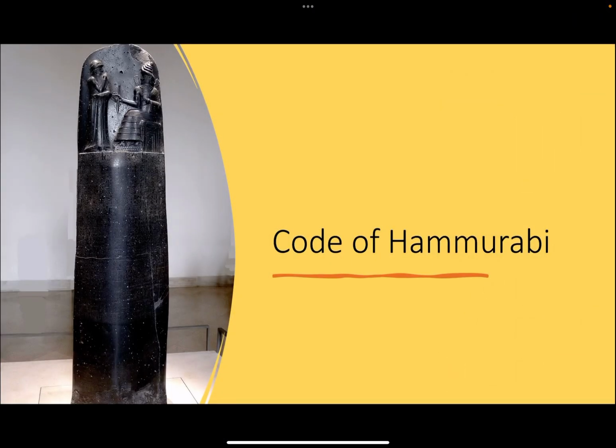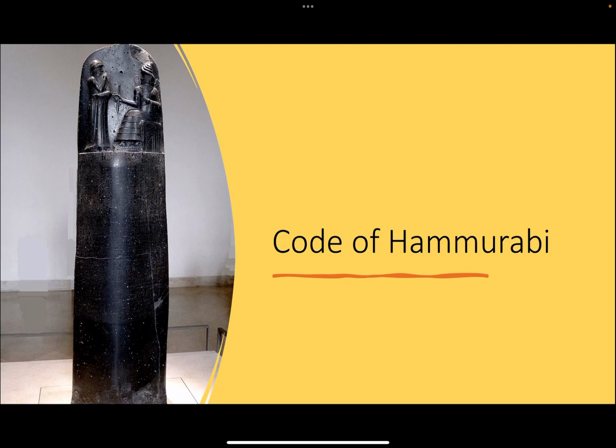As this unit of the course is concerned primarily with the development of law as well as warfare, I think it's important to look at what is arguably the world's first code of laws. Although to call it a code of laws is a bit of a misnomer, because all it is, and if you've read any of it, you'll have a sense of this, is a series of hypotheticals, right?